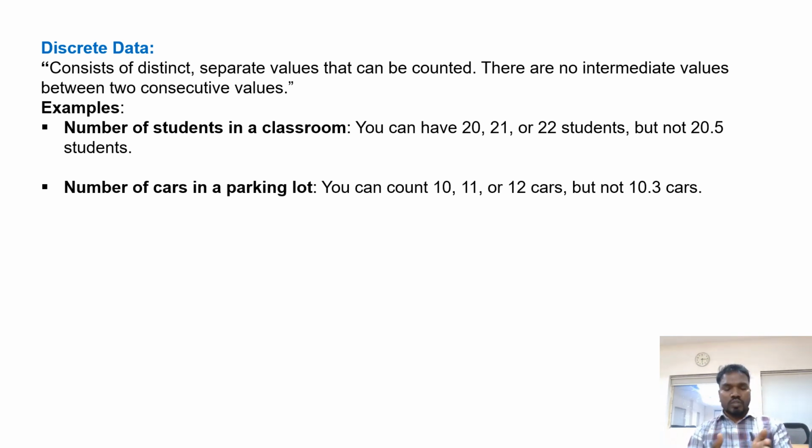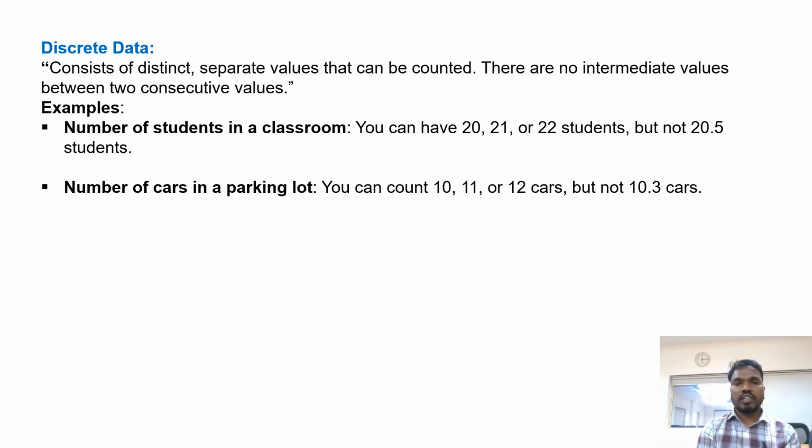Discrete data means you have values, but between two consecutive values there are no intermediate values. Suppose I want to find the number of students in a classroom, I may say 20, 21, 22, but I never say 20.5 students are in the classroom.